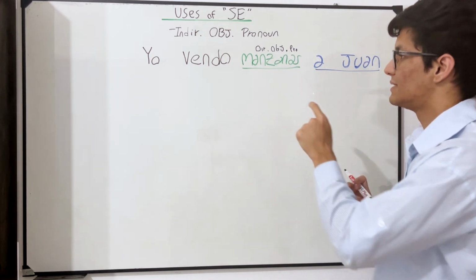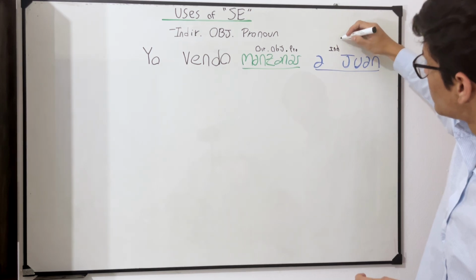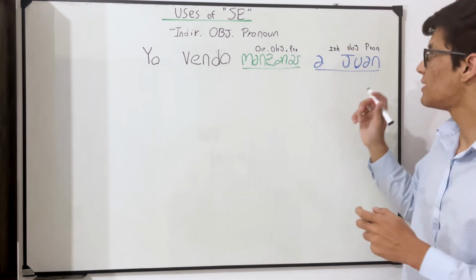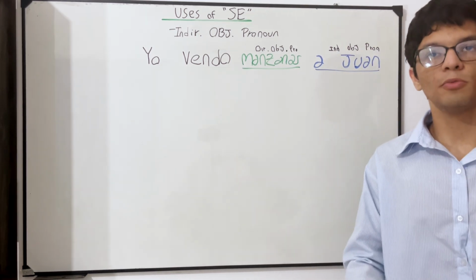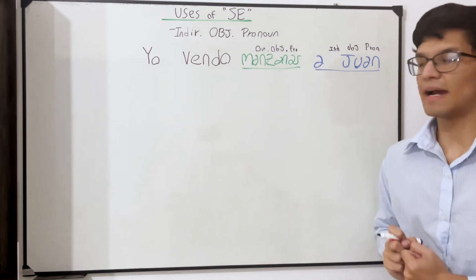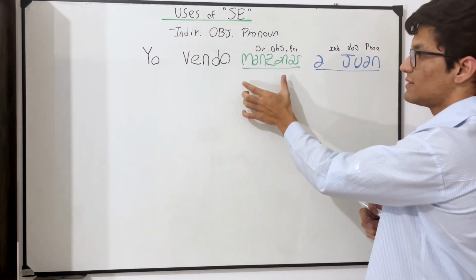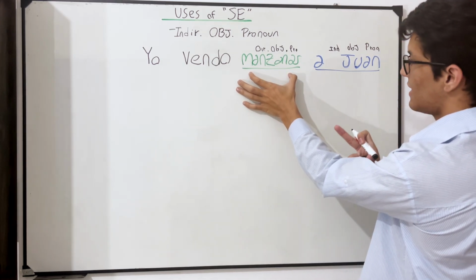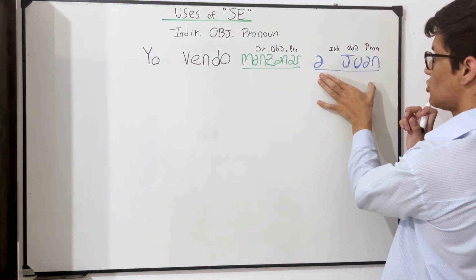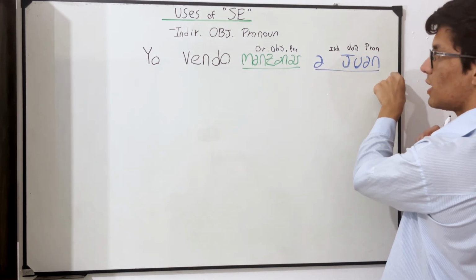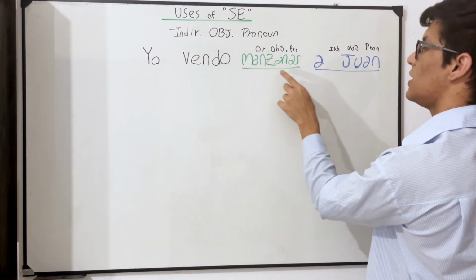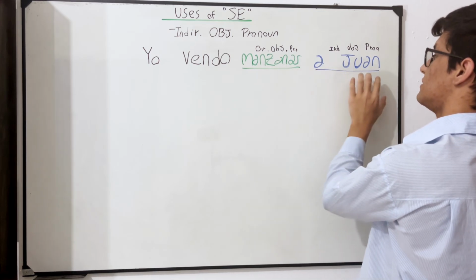Just for things. This is the indirect object pronoun. And remember that the indirect object pronoun refers to people, but that receives the action. Indirect object pronoun, we do not use it with things. In this case, things are manzanas and people is Juan. So this one is the indirect object pronoun. This is the direct object pronoun because here this is a thing and this is a person.